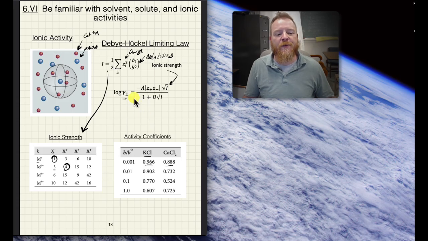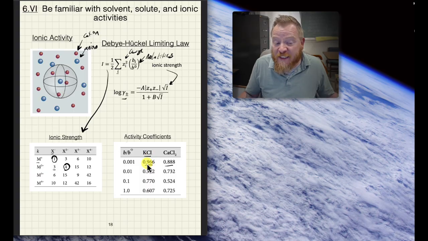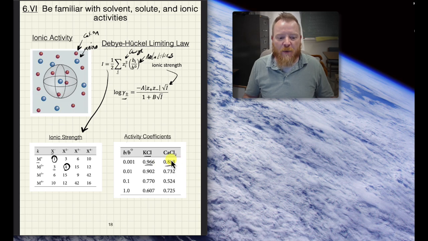So now if we calculate what the activity coefficients are based on the molalities and the charges, you'll notice here for this very dilute concentration, 0.001 molal, the activity coefficient of our 1-to-1, right, positive 1 potassium, negative 1 chloride, is nearly that of 1, the ideal value. But if we look at a 2-to-1 ionic compound, the activity coefficient has deviated more significantly from 1.